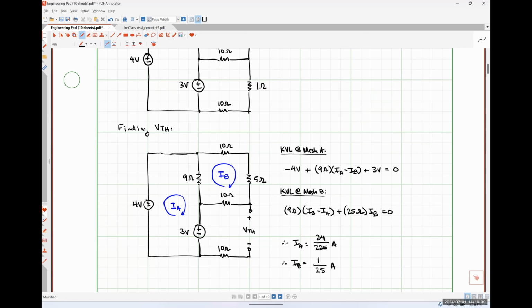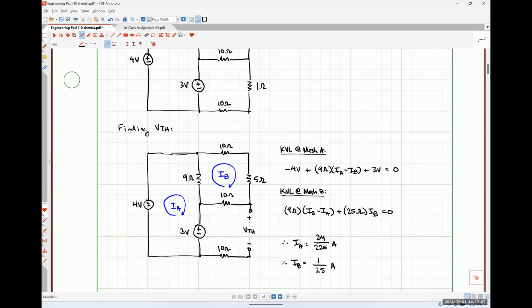I was thinking about just continuing with mesh analysis and thinking as if we had IB flowing through the 5 ohm and the 10 ohm into the positive node on VTH. So, I'm not 100% sure that I'm following there.